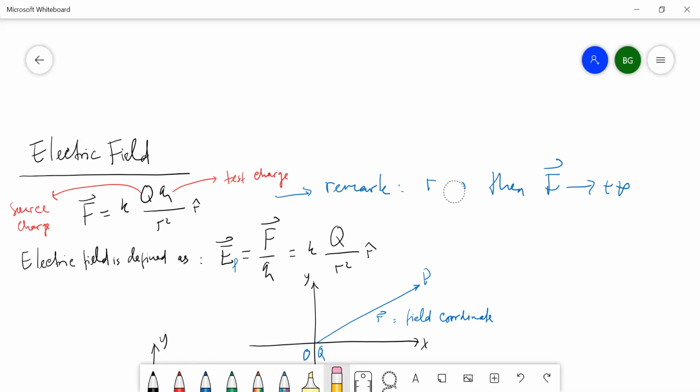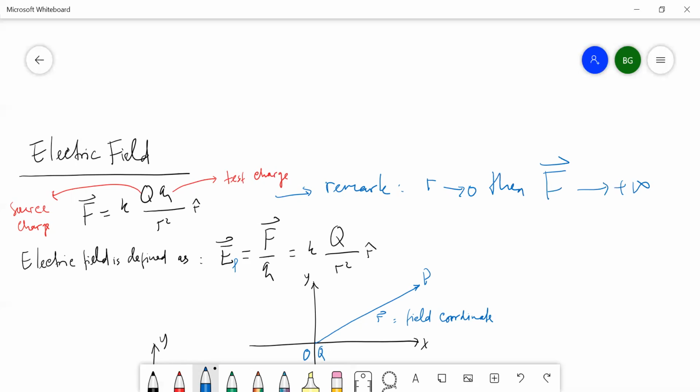If R goes to 0, then F blows up, diverges.